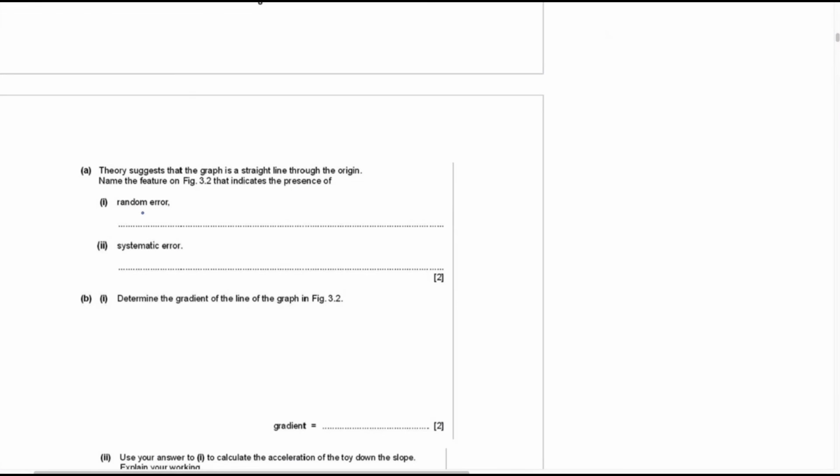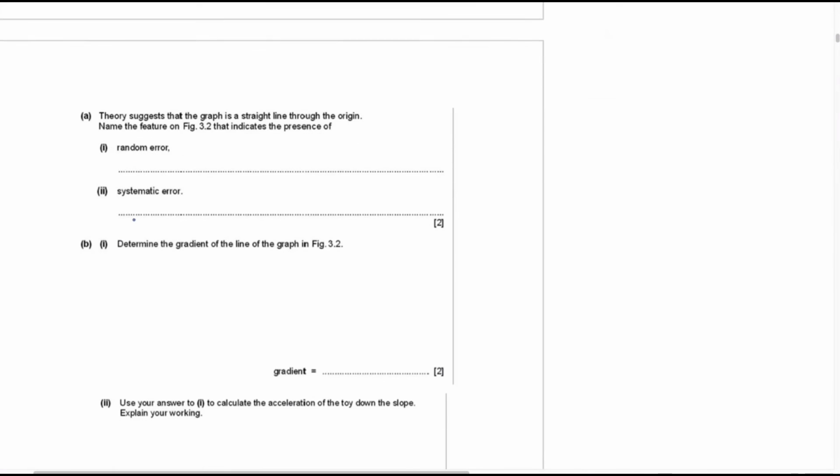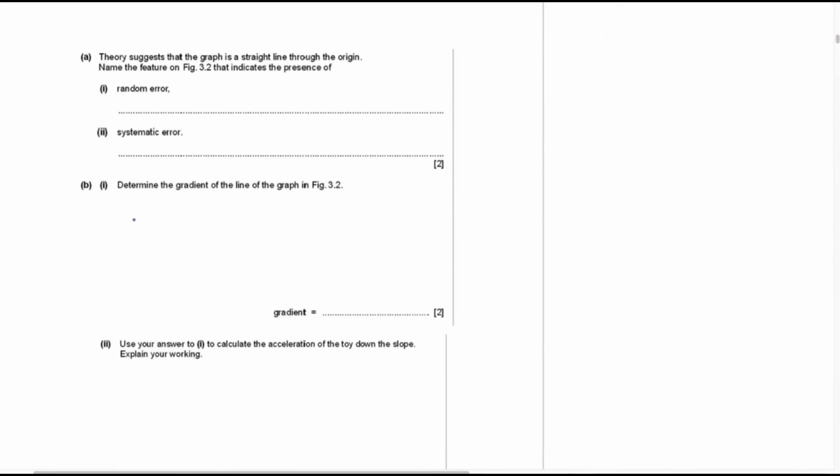So this random error is the next chapter. We haven't learned this yet. So let's say I skip this question. I don't want to do this first. Let's skip to the other one.